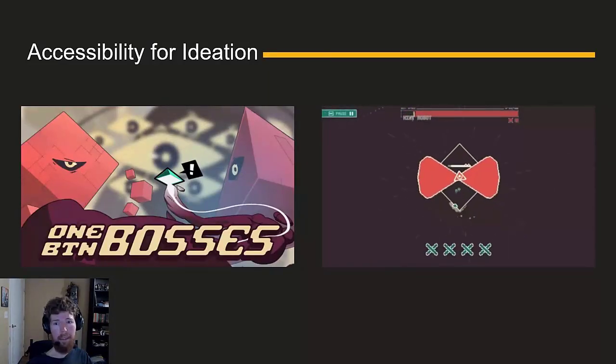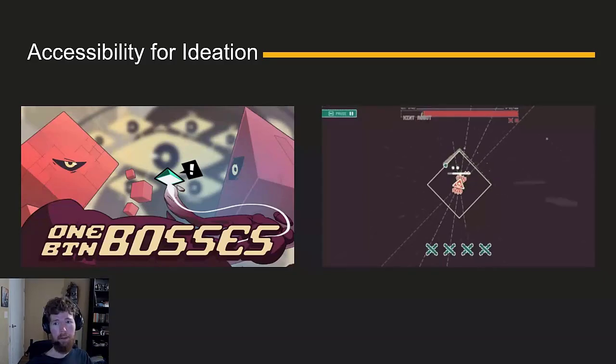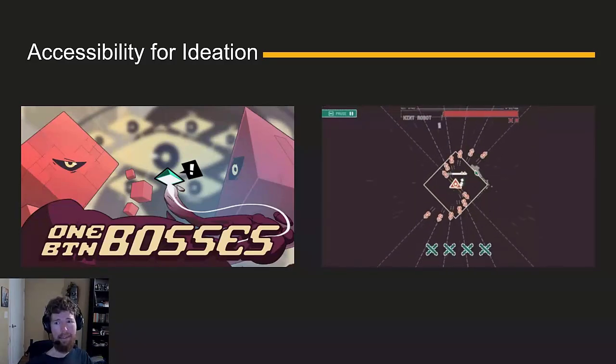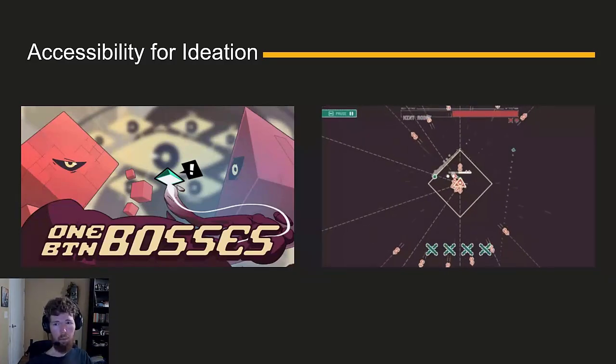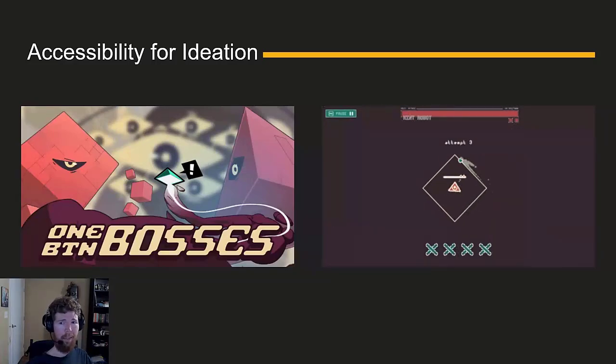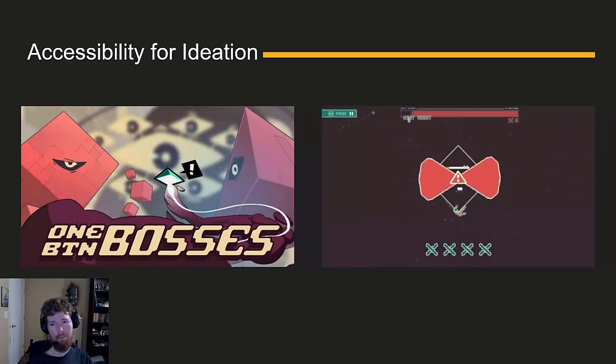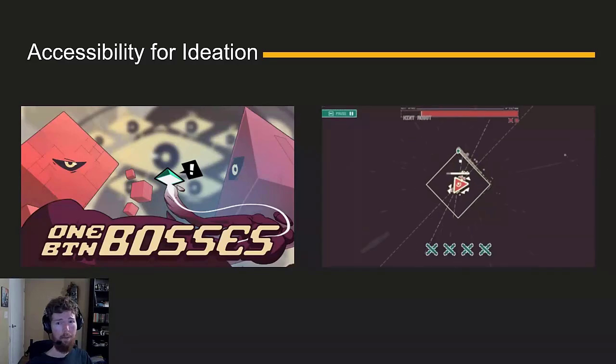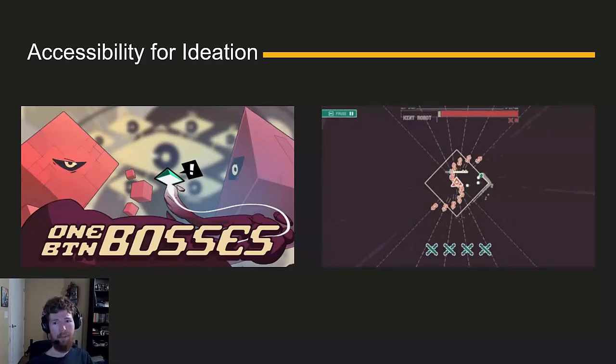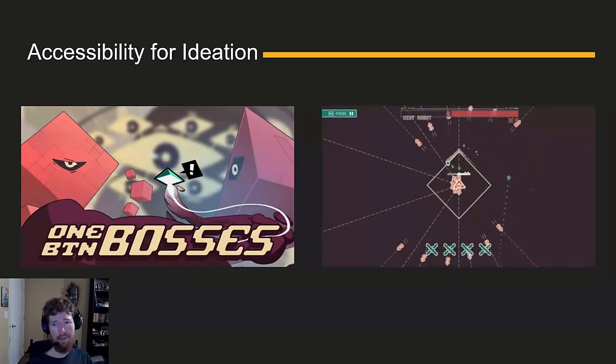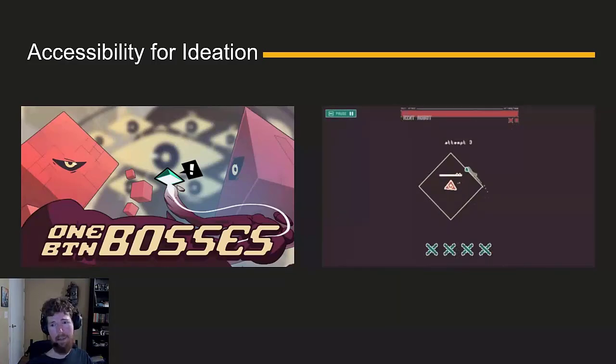So now that we have some specifications on how accessibility can act as design lenses, what kind of games could we make with that? Well, maybe something like One-Button Bosses, which was developed by Midnight Munchies and published by Outersloth.